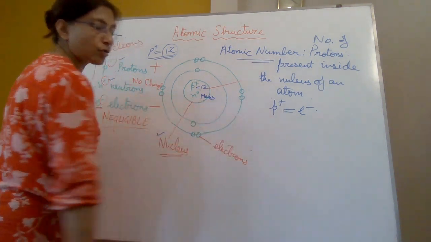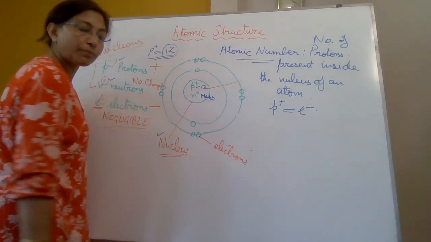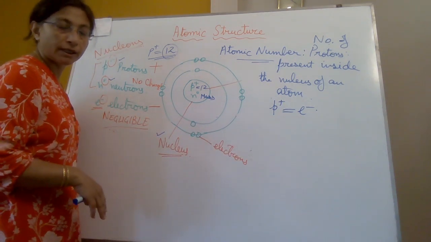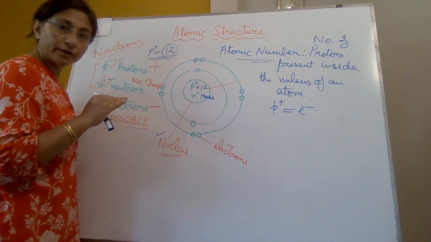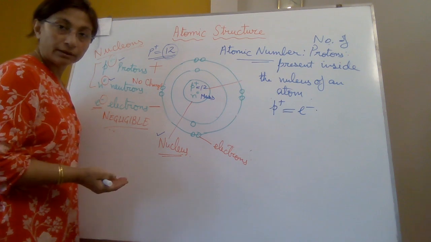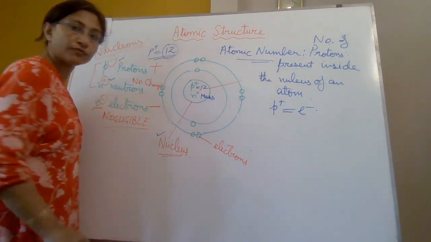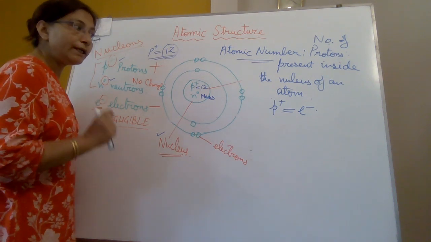The number of electrons, if a cation is forming, that means if your atom becomes positively charged, that means your number of electrons has decreased. But if the atom becomes anion, that means by gaining the electrons, in that case the number of electrons will increase.